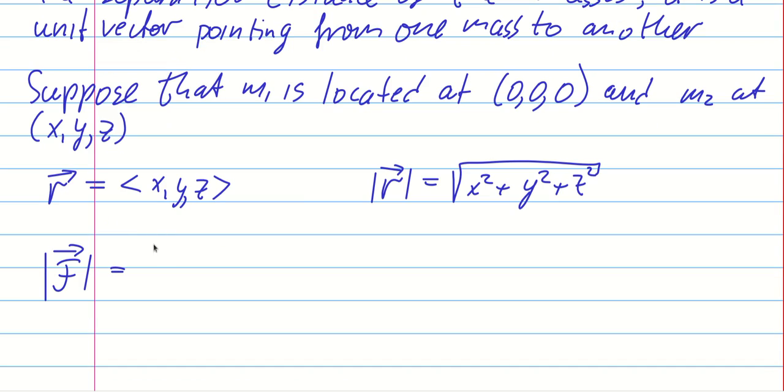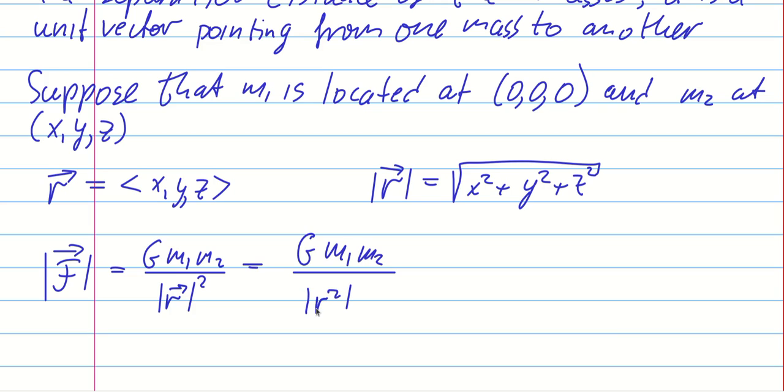So G is a constant, m1 is a constant, m2 is a constant, and the magnitude of u is 1, since it's a unit vector. So basically we get G, M1, M2 over R squared, and loosely people often write R squared like this.